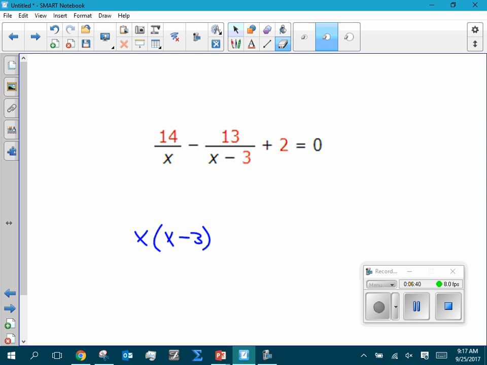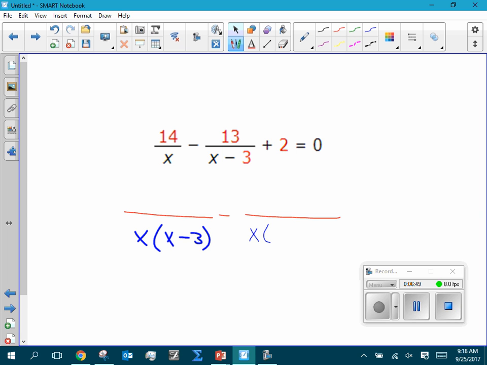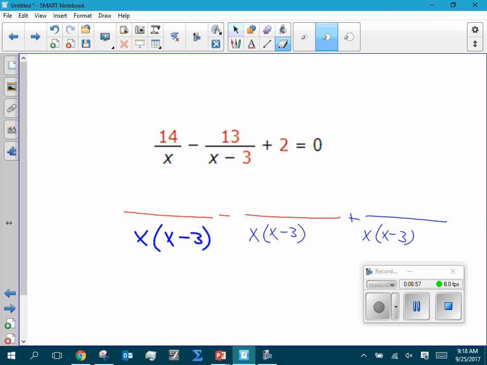Okay? So what I'm going to do, now, you would probably not write this every single time you do one of these problems, but I'm going to go through and rewrite each one of these terms with that common denominator. Okay.